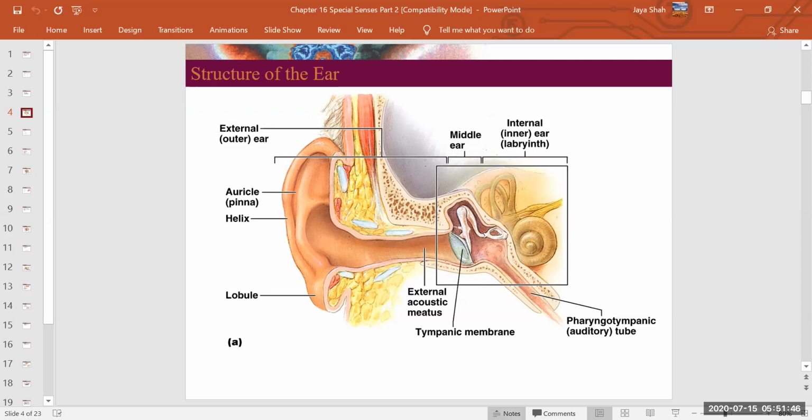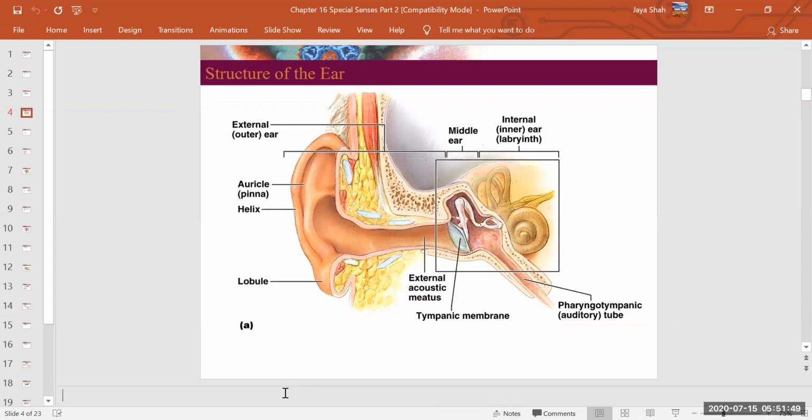The literal meaning of the word labyrinth is a maze-like, tortuous structure. The inner ear, as I told you earlier, has an outer bony tube, and this outer bony tube is part of the temporal bone. It is not a separate bone. It is a cavity in the temporal bone. So this is the wall of the temporal bone.